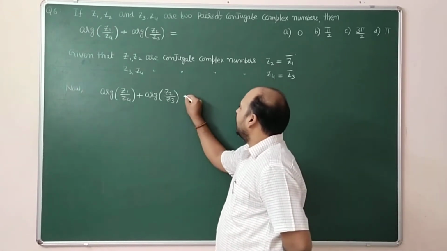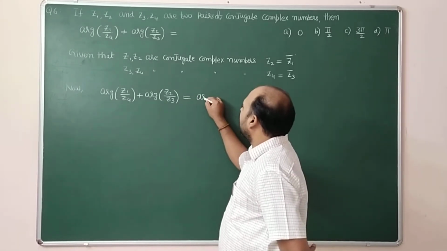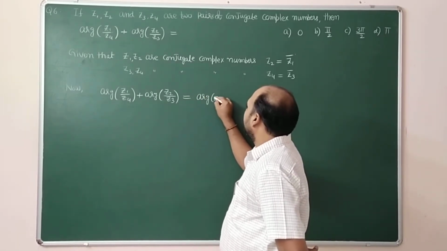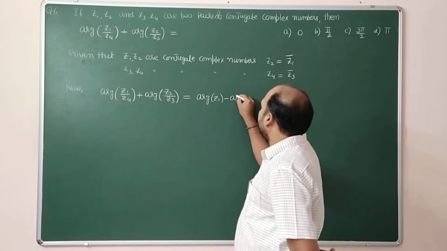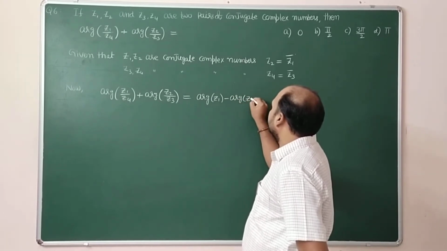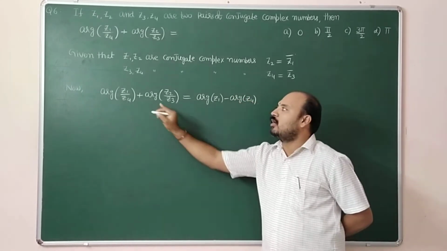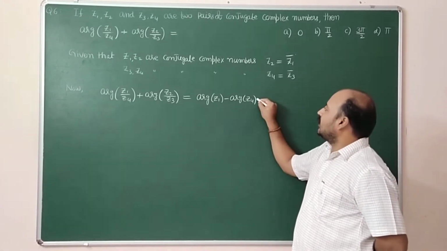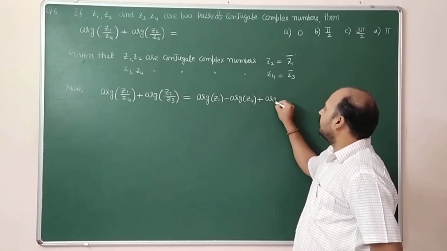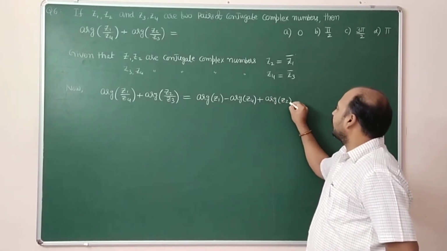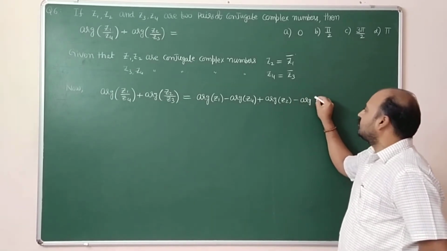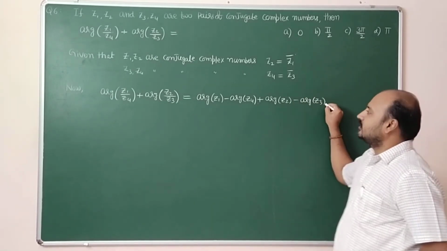So this can be written as argument of Z1 minus argument of Z4, and similarly argument of Z2 by Z3 is argument of Z2 minus argument of Z3.